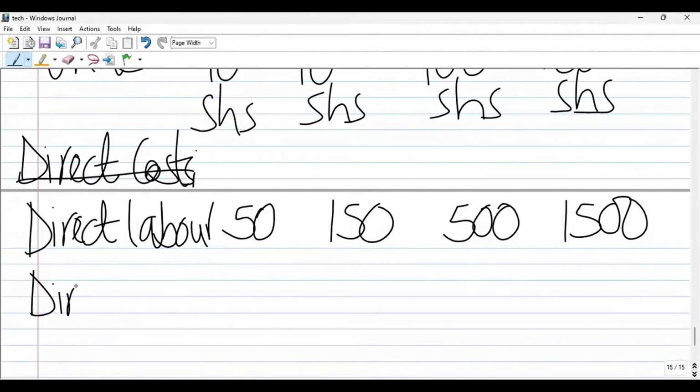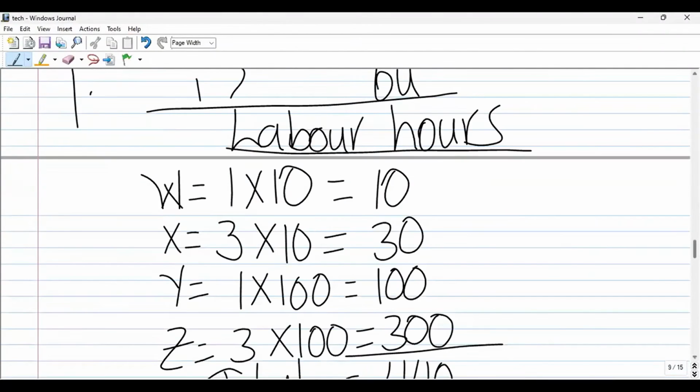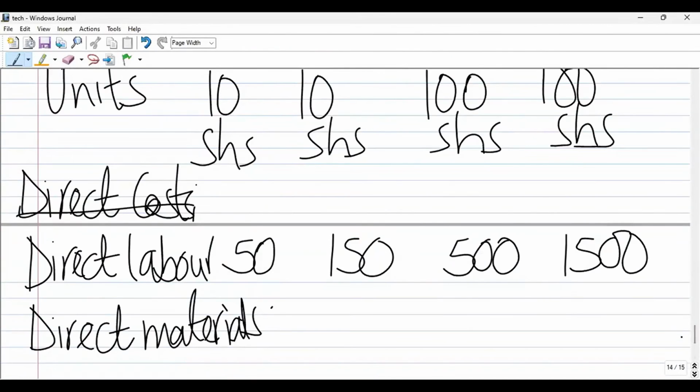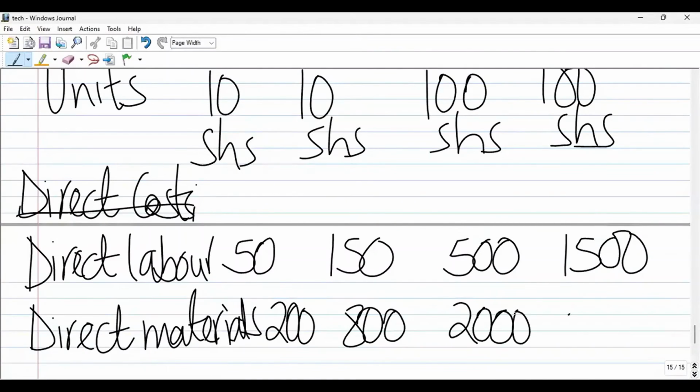Direct materials. We also bring the cost. So direct material costs, we got 200, 800, 2,000, 8,000.